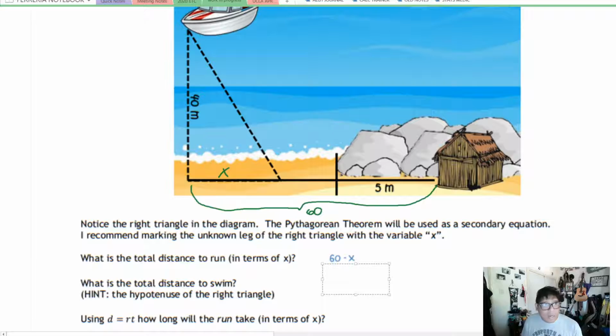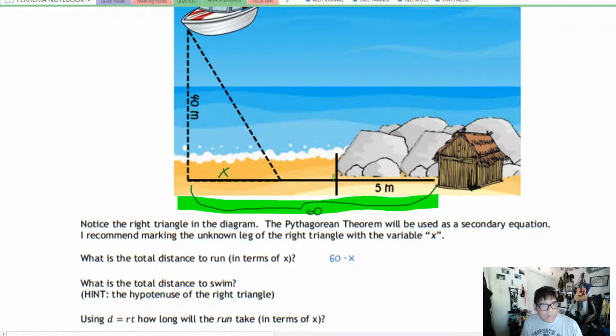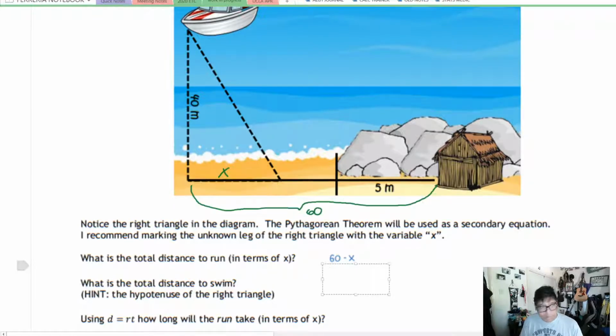Now the entire distance here from left to right is 60 meters. We have to run all of it except for this x distance right here. So this distance right here is going to be 60 minus x.